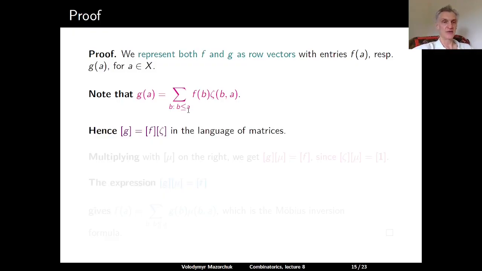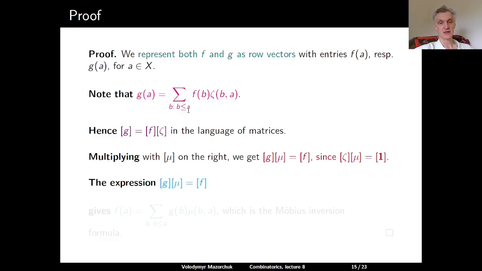But this means that the vector of g is obtained from the vector of f by multiplying with the matrix of zeta on the right hand side. Now if you take this equality and multiply with the matrix of mu, and use that the matrix of zeta is the inverse to the matrix of mu, we get that the vector of g times the matrix of mu is equal to the vector of f.